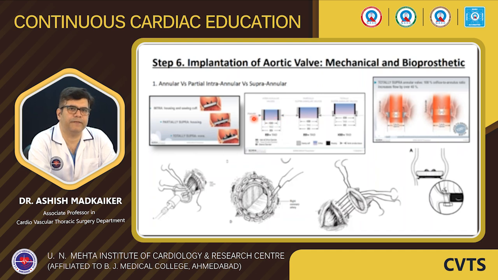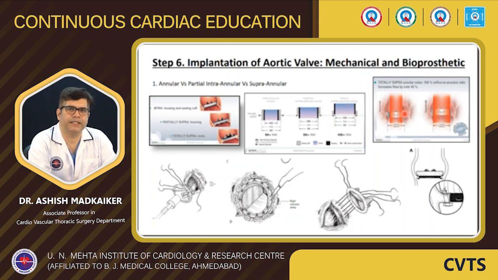If we see here, when the valve is placed in intraannular position, the sewing ring and the housing occupy quite a bit of the available internal diameter. As a result, we may not get good flow dynamics as compared to what we would have got with a supraannular valve, wherein there's not much loss of the internal annular diameter that is available for the blood to flow.